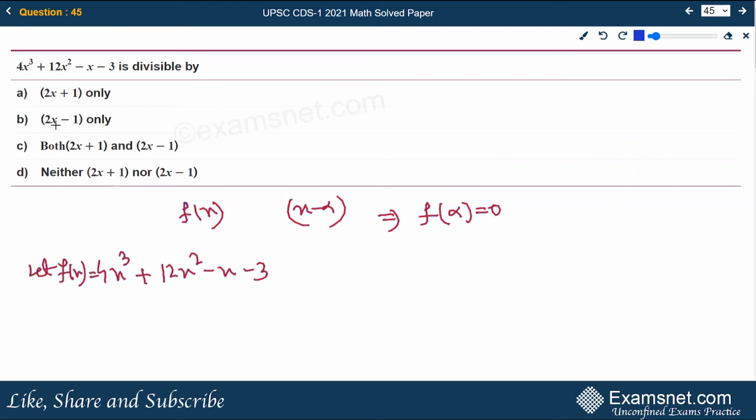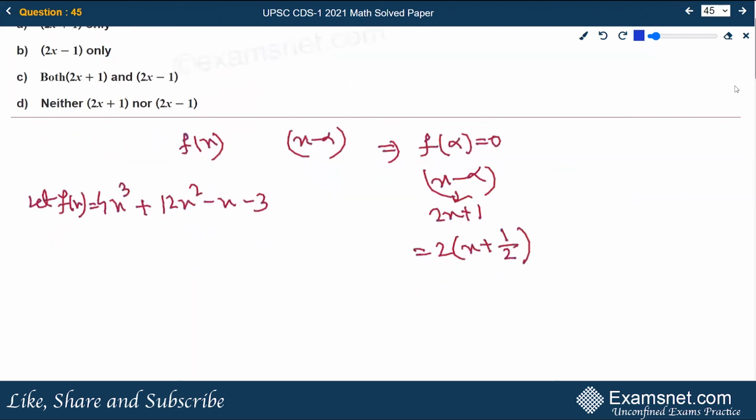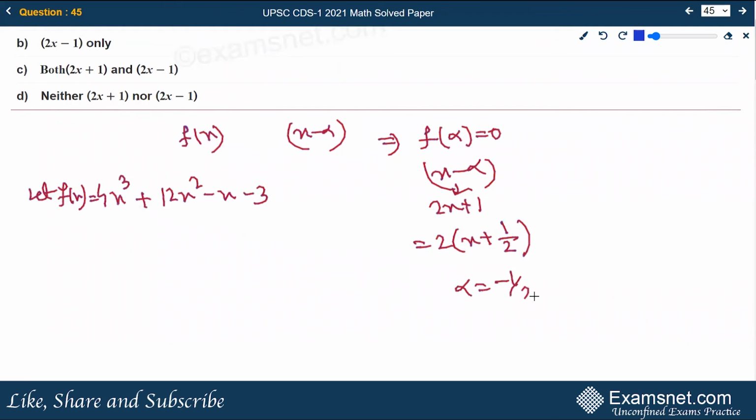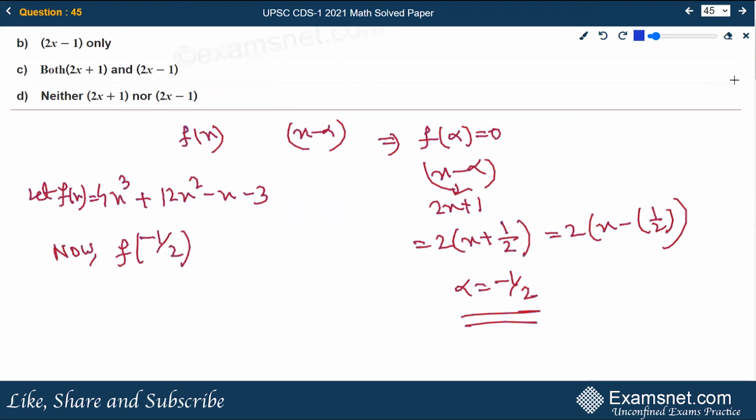Now to check whether 2x plus 1 is its factor or not, I mean whether the polynomial is divisible by 2x plus 1 or not, what I need to do is compare 2x plus 1 with x minus alpha. We'll get 2 multiplied by x plus half. That means I can assume that half is minus alpha, correct? So alpha is minus half. Now let's check whether f of minus half will give us the value 0 or not.